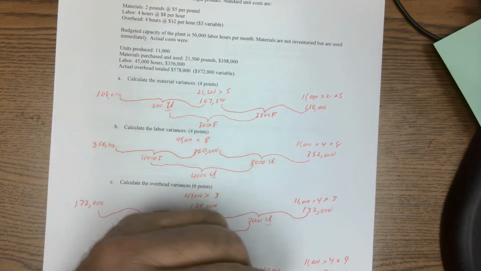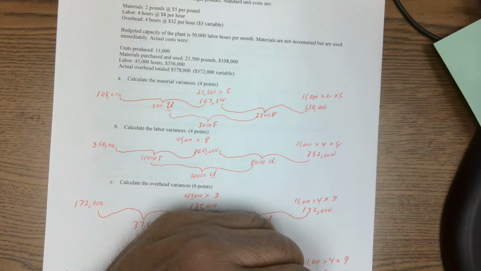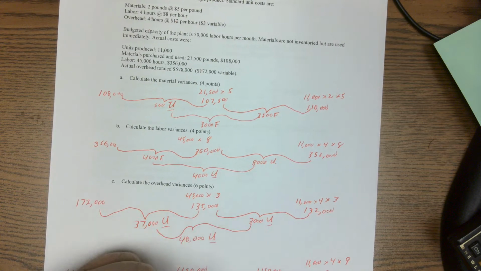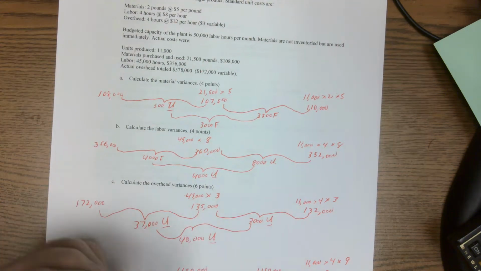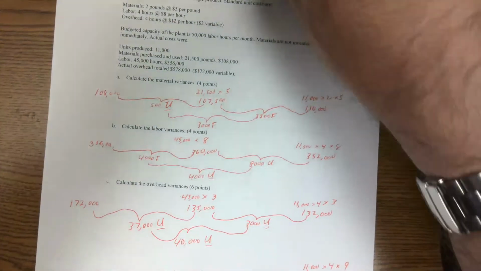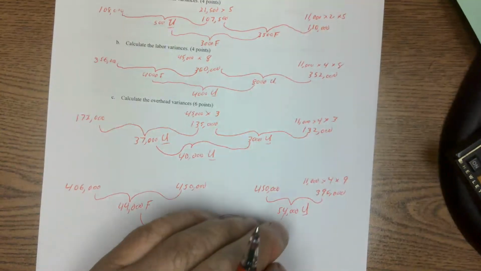So here we have 54,000 under applied or unfavorable. All right, so our total is 10,000. This is the production volume variance, so 10,000 unfavorable. With that. Okay.